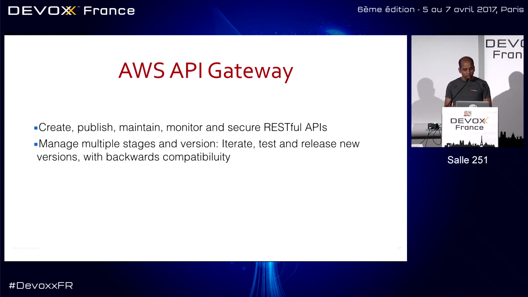Some of the advantages of that are because the API gateway can then manage your multiple versions of the API. You can even manage different stages of the API, that this is a dev stage, this is a production stage, this is a testing stage. So you can have different stages of the API, which gives you the ability to iterate, test, and release new versions, or even fall back to a previous version of the API if needs to be.